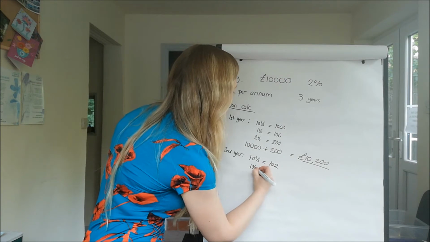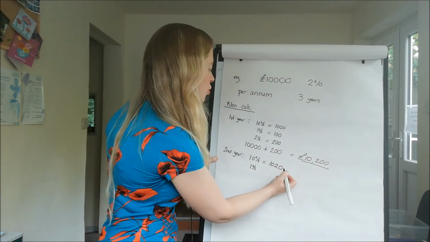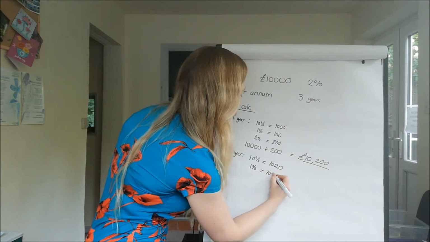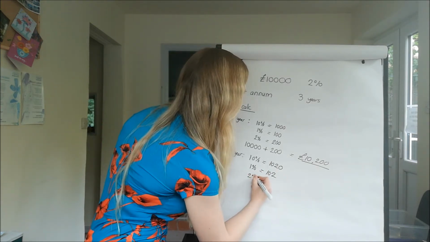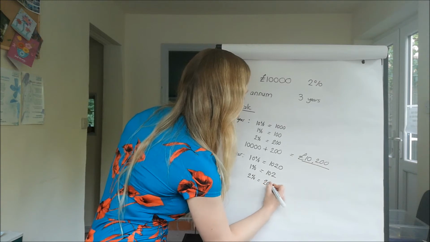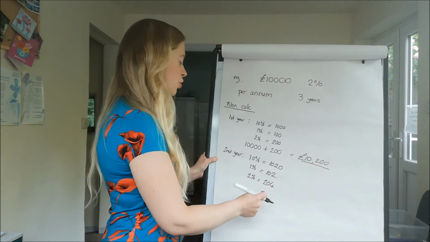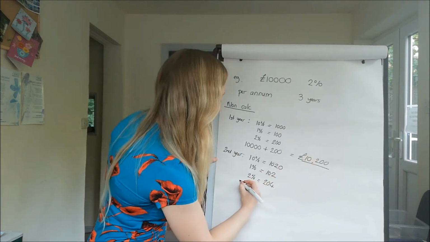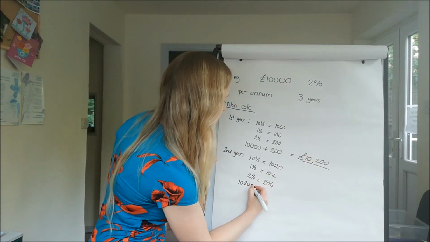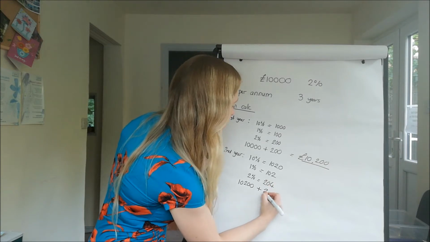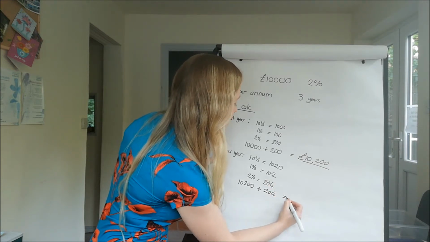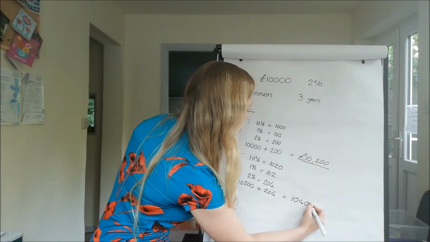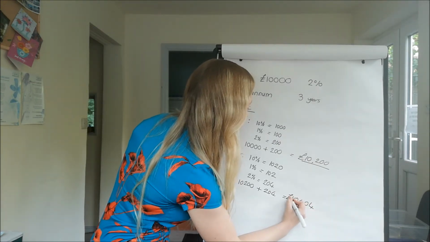So 1020 would be 10%. So 1% would be 102. So 2% would be 204. So that after 2 years, you would have that from first year plus that £204 interest, which would give you £10,404.